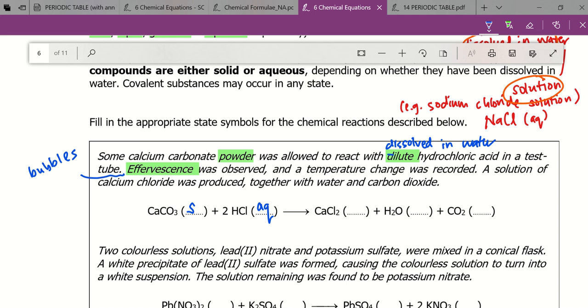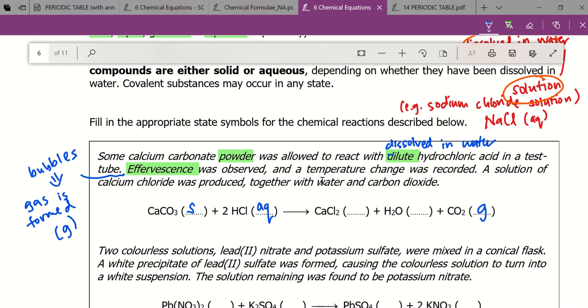If I see bubbles in a solution, it means that a gas is formed. So this would mean that I would have the state symbol G because it is gas. Where is this gas over here? If you look at the products CaCl2, H2O, CO2, quite immediately we should be able to tell that the gas should be carbon dioxide, CO2.